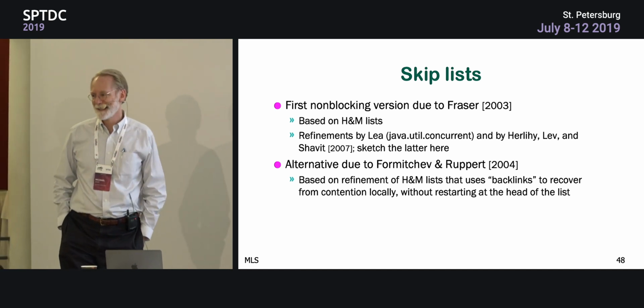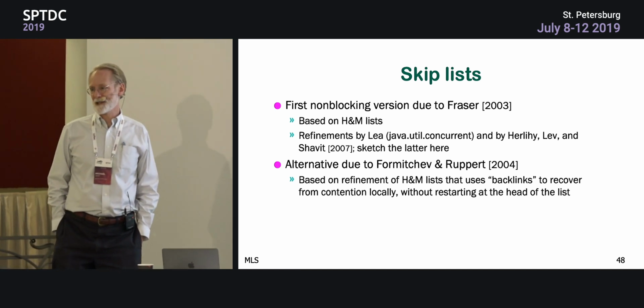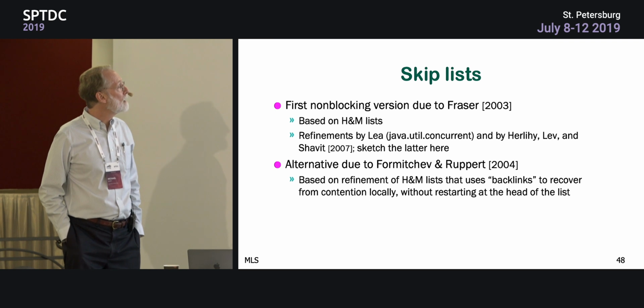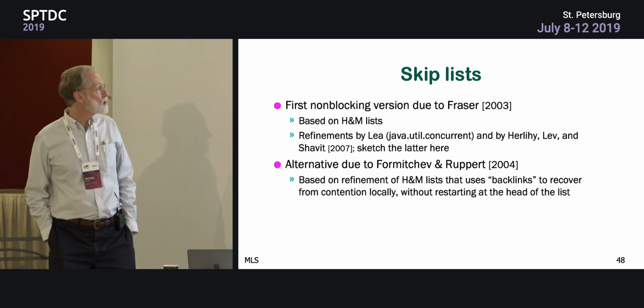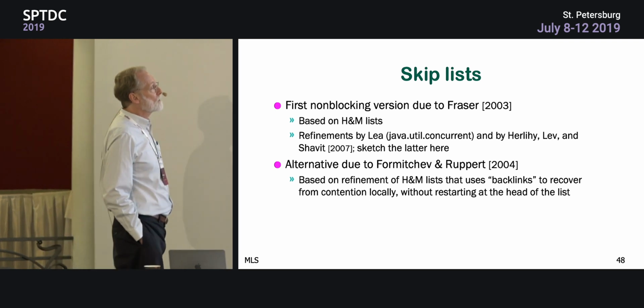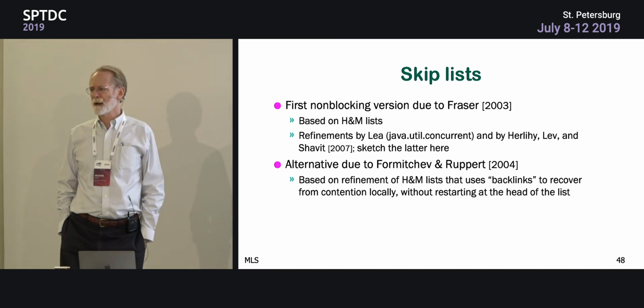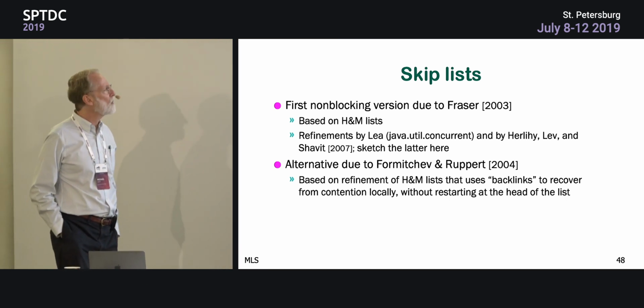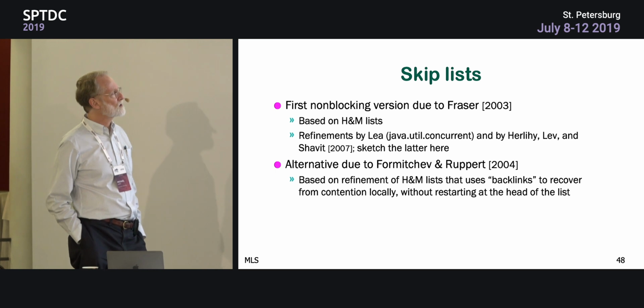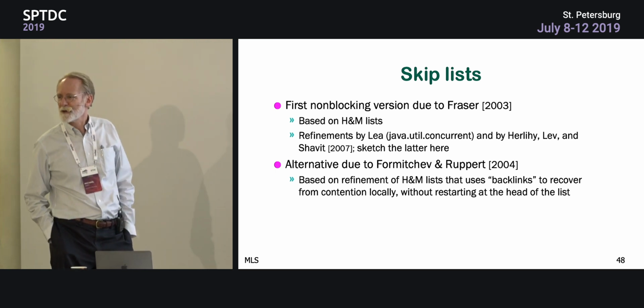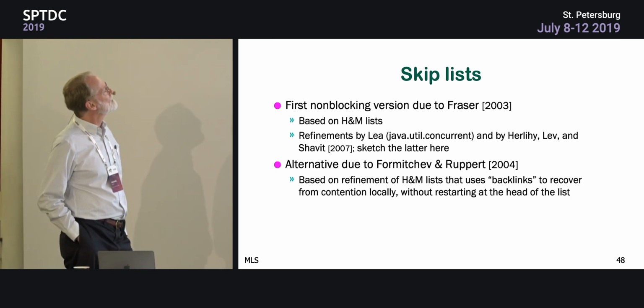Moving on, there are several skip lists in the literature as well. The first version I'm aware of is also from Keir Fraser's thesis. Keir had an amazing amount of stuff in his thesis. It was really quite impressive. He's also the guy who's responsible for the Xen virtual machine, or a lot of the work in it. Amazing guy.